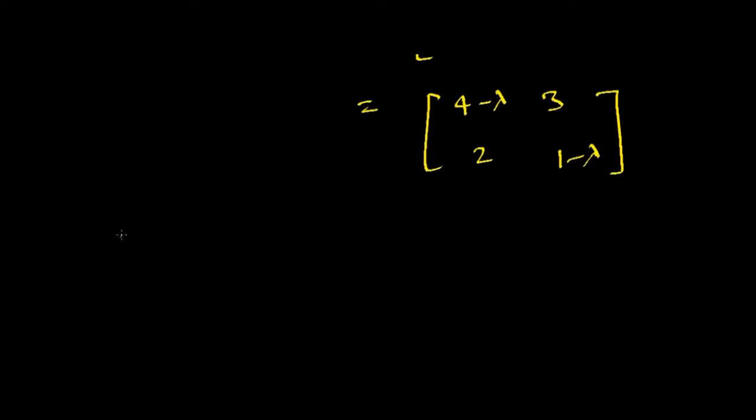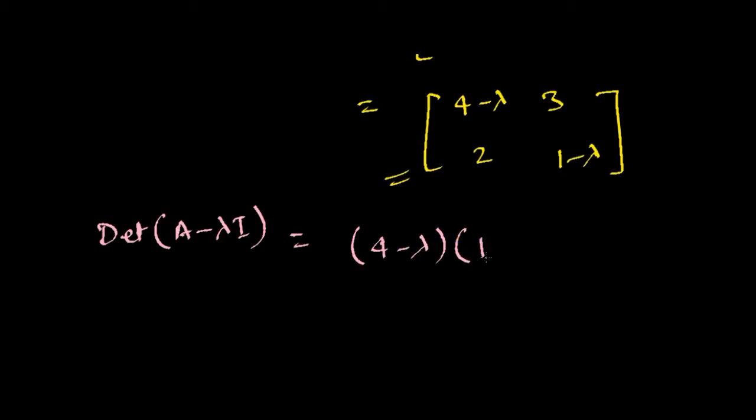Now to find the characteristic polynomial, we find the determinant of this matrix, which gives 4 minus lambda multiplied by 1 minus lambda, minus 2 into 3.